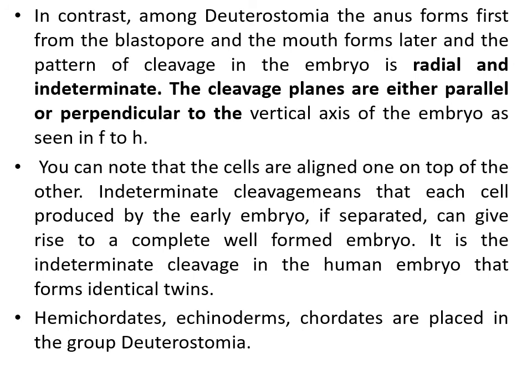You can note that the cells are aligned one on top of the other in radial cleavage. Indeterminate cleavage means that each cell produced by the early embryo, if separated, can give rise to a complete, well-formed embryo. Examples are hemichordates, echinoderms, as well as chordates, which come under deuterostomia.